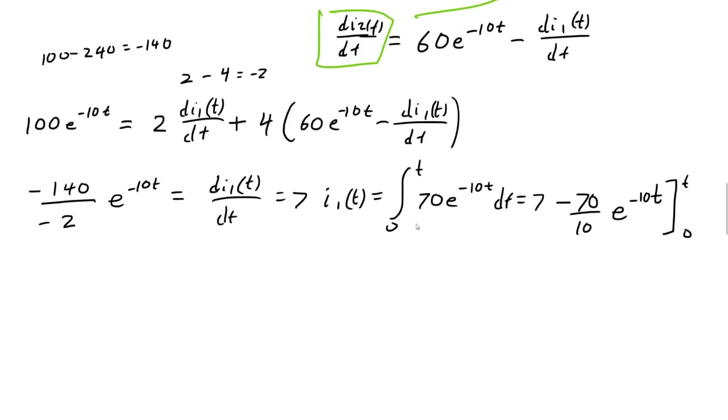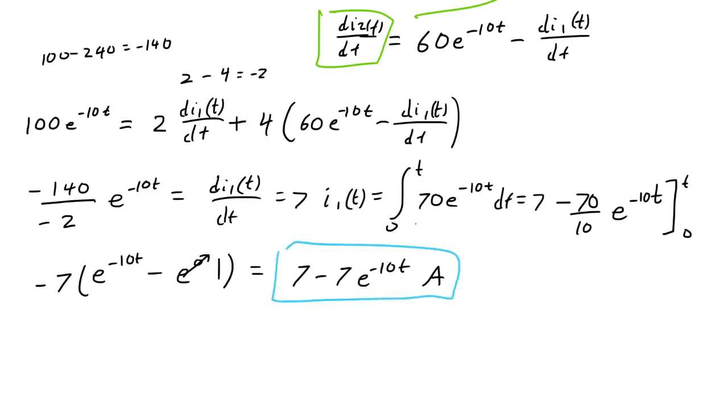We plug in the 0 and the t. I'll pull the minus out. So minus 7 e to the minus 10t minus e to the 0, which is 1. That means we get 7 minus 7 e to the minus 10t amperes. And that is I1(t).